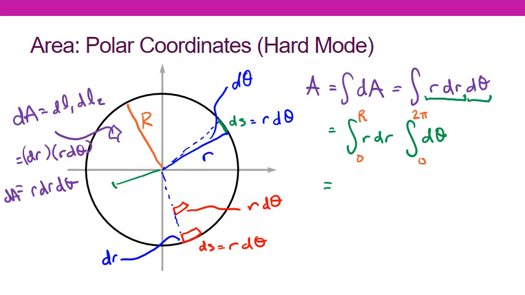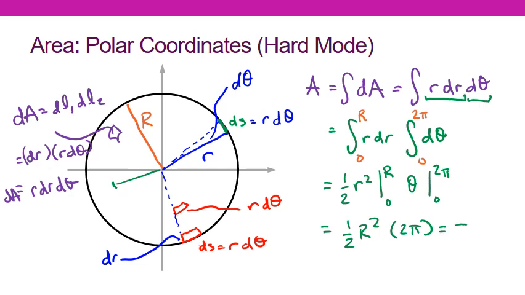My r integral ends up being 1/2 r squared, evaluated from 0 to R. And my theta integral is going to be theta, evaluated from 0 to 2 pi. And when I put those together, I'm going to get 1/2 R squared times 2 pi, or in other words, pi times R squared, which you should of course recognize as the area of a circle.